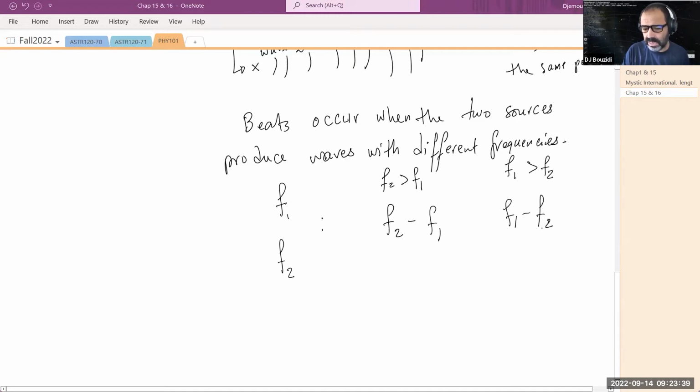It doesn't matter because the frequency is a positive number. Usually this is written in algebra as the absolute value of the difference between them. If the difference is positive, the absolute value is positive. If the difference is negative, then you take the other way around. You always subtract the smaller from the bigger. That's what the absolute value means in algebra.